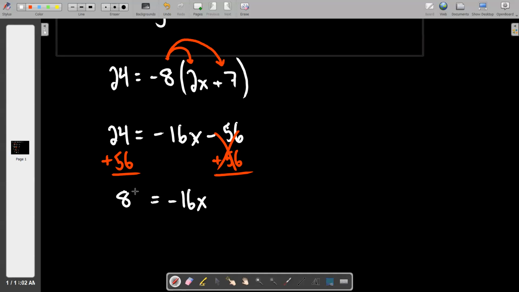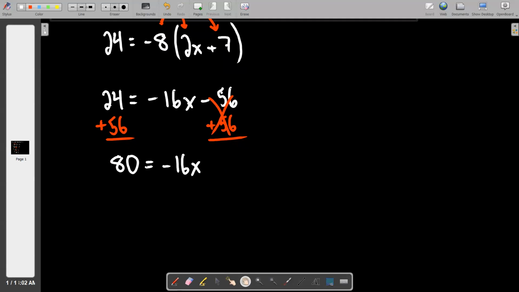Definitely 80. And then from here, the last step is to divide by -16. Cancel out your inverses, rebuild the equation, then do the math. What is a positive 80 divided by a -16? It is. Okay, any questions so far?